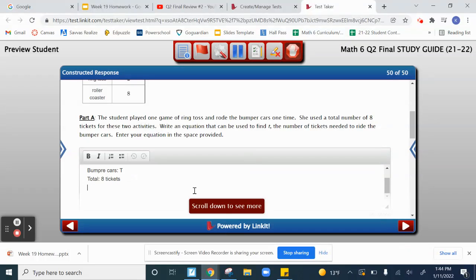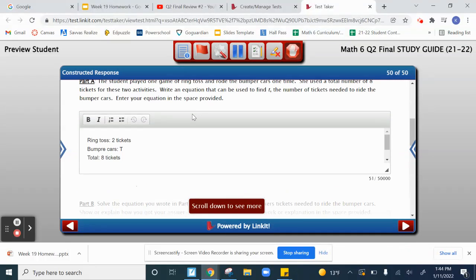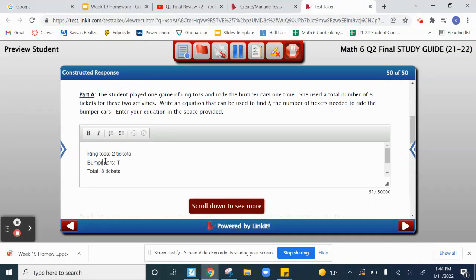So that means my equation to find the number for the bumper cars would be 2 plus T equals 8. Let's put this in erase. My equation is 2 plus T equals 8.